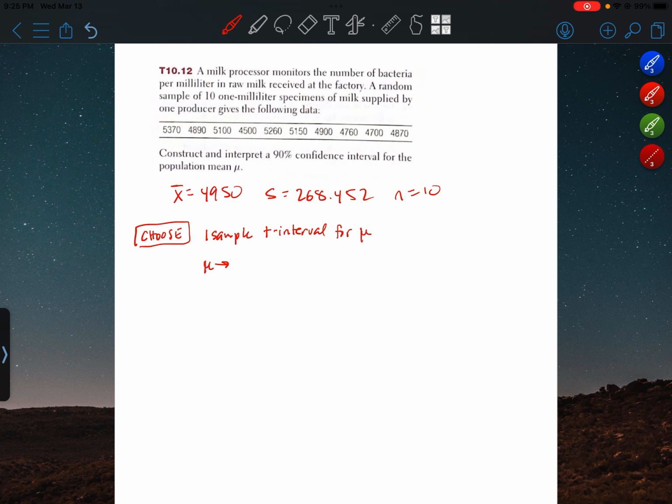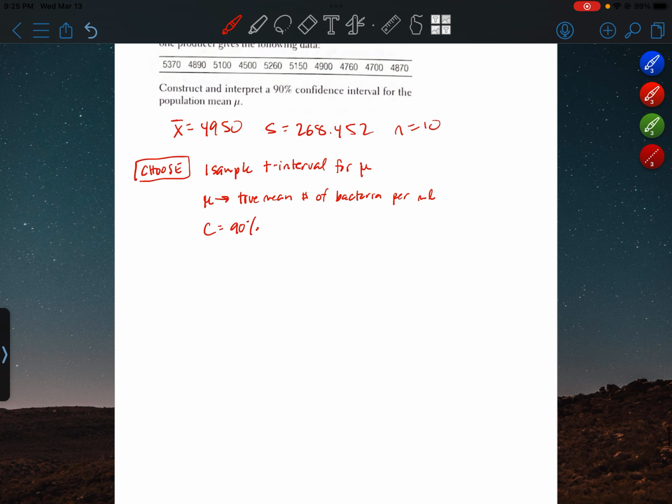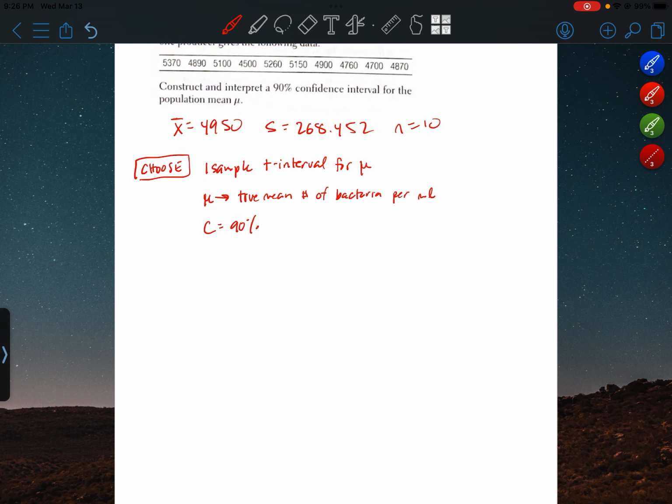Mu is the true mean number of bacteria per milliliter. And then our confidence level is 90%. I'm pretty sure that's all that goes in the choose step: procedure, parameter, and confidence level.